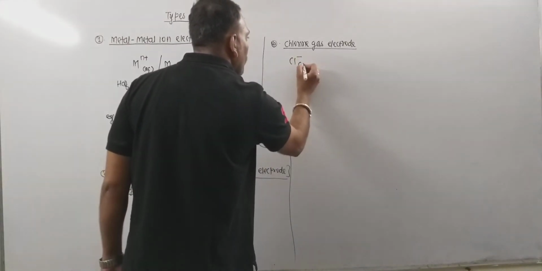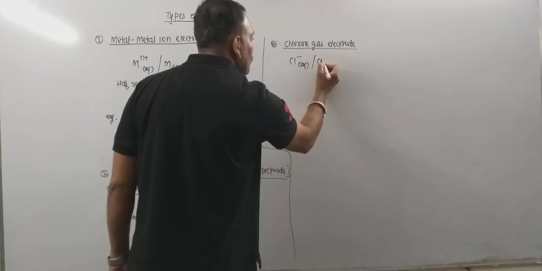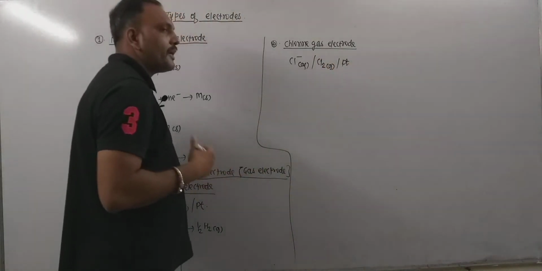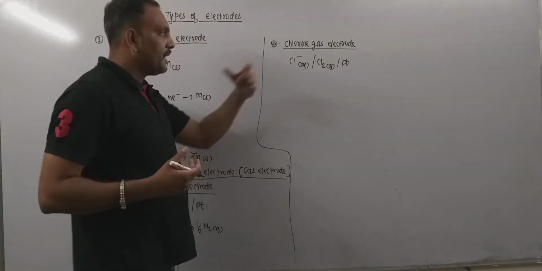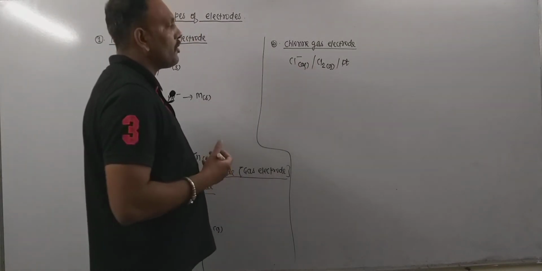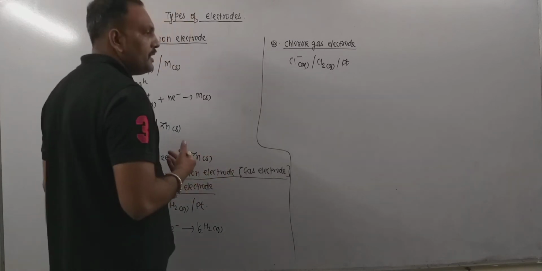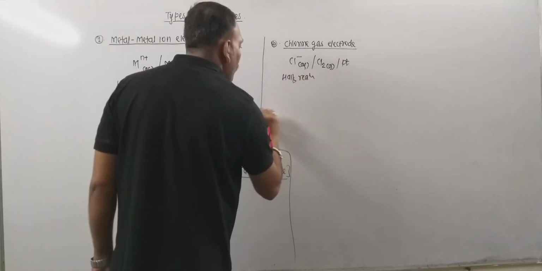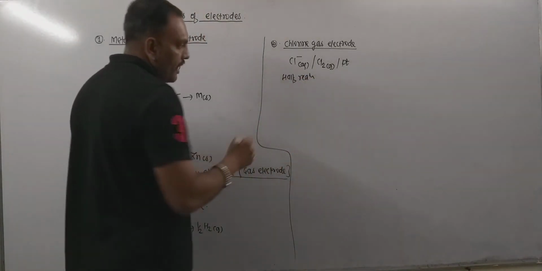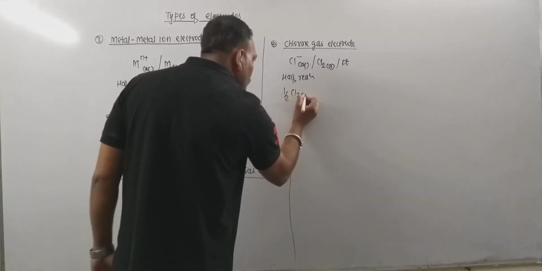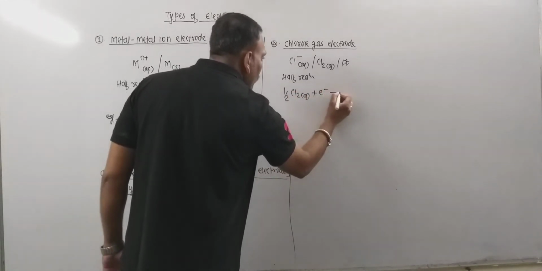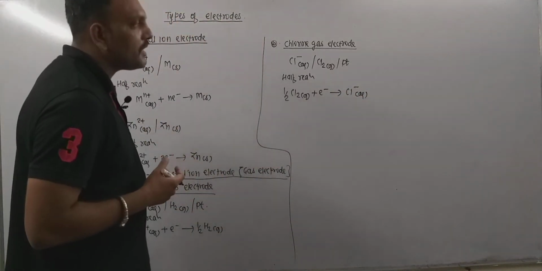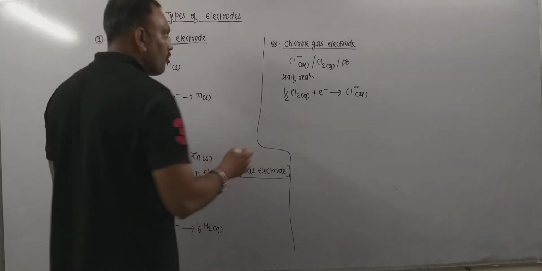So, what we are doing is bubbling chlorine gas in a solution of chloride ions where platinum is used as an inert. Now, the half reaction for this is given as half Cl2 gas plus electron gives Cl- aqueous, the half reaction taking place at this very electrode.